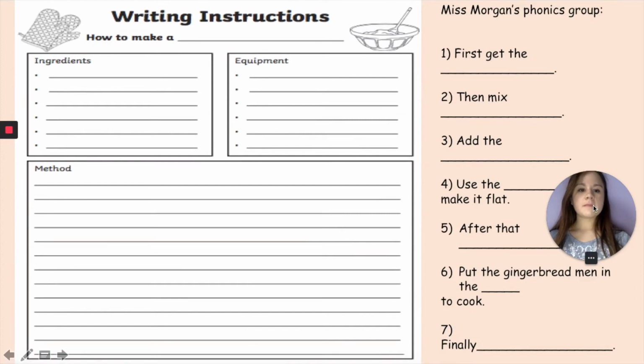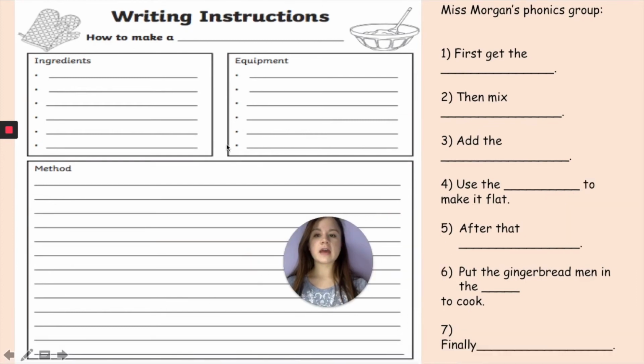If you are in my phonics group, you can use this template. You can just copy it out, or you can download and print it from the website and use these sentence starters. First, get the something, then mix the something, add the something, use the something to make it flat.